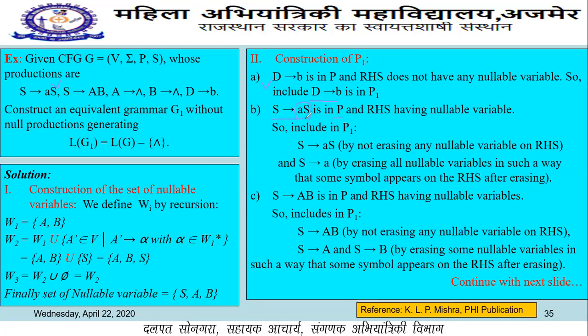So we include, corresponding to this production, new productions in the simplified set of productions P1, by not erasing any of the nullable variables, that is S tends to small a and S, as it is, we include in the simplified set of productions, and by erasing some or all.